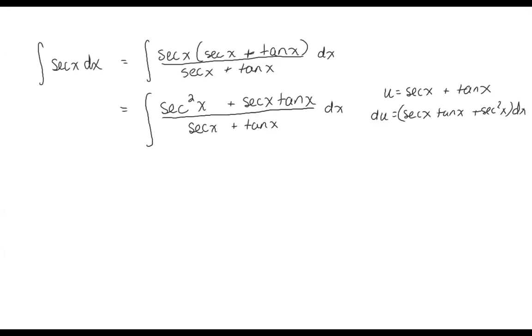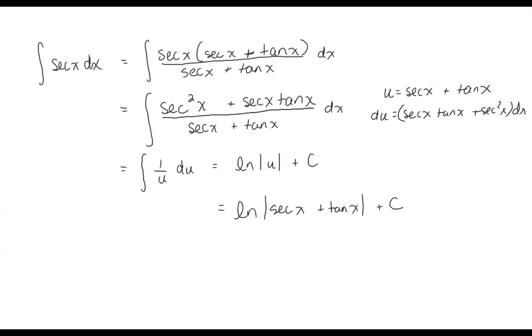So du is all the stuff in the numerator, and u is all the stuff in the denominator, and the form of this integral is 1 over u du. So the integral is ln absolute value of u plus c, which is ln absolute value secant x plus tangent x plus c. So there's the function whose derivative is secant x.